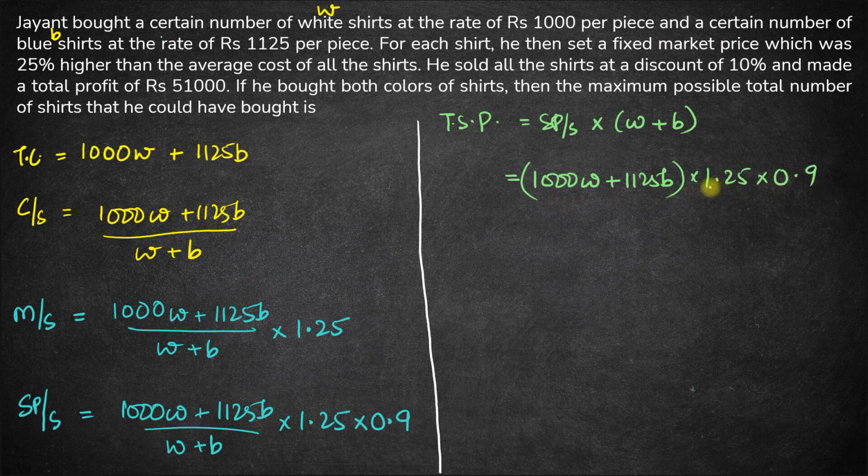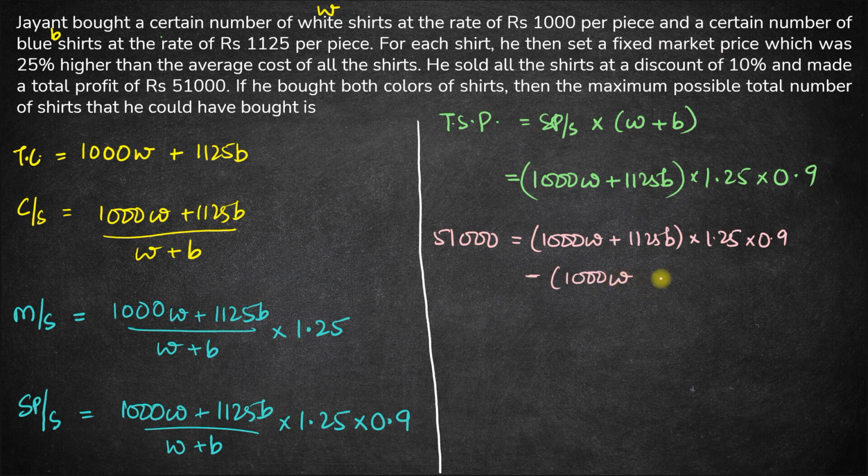This total selling price is 51,000 more than the total cost price because he is earning a profit of 51,000. So the profit 51,000 can be written as the total selling price, (1000 W plus 1125 B) into 1.25 into 0.9, minus the total cost price, which is 1000 W plus 1125 B.